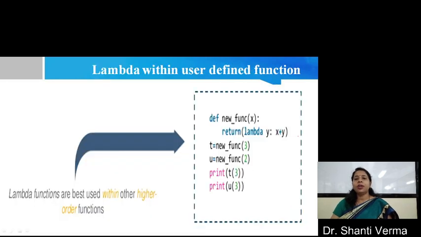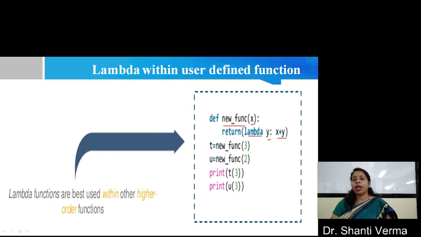Now, how to declare a lambda within a user-defined function? In this example, you can see that I declare a function named new function having one parameter, x. Within this function, in the return statement, I use a lambda, and this function returns lambda y: x plus y. So it takes the x value from the user-defined function and y from the lambda function, calculates the sum and returns it as output.